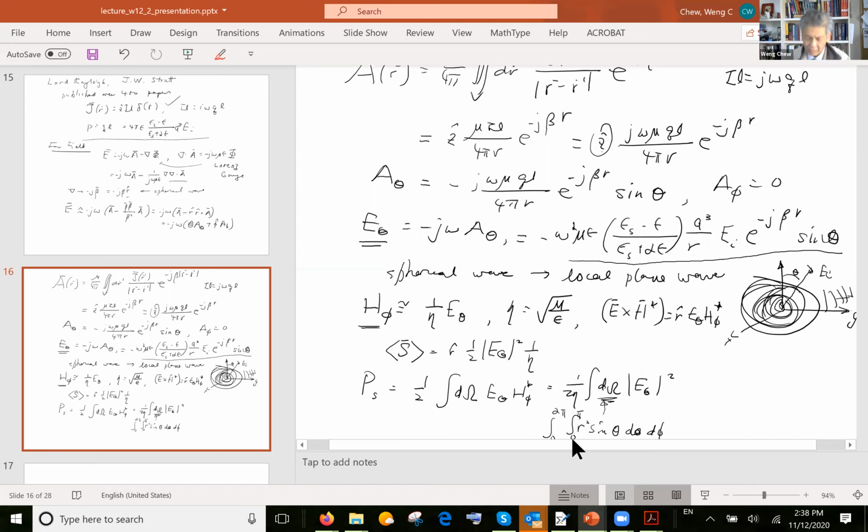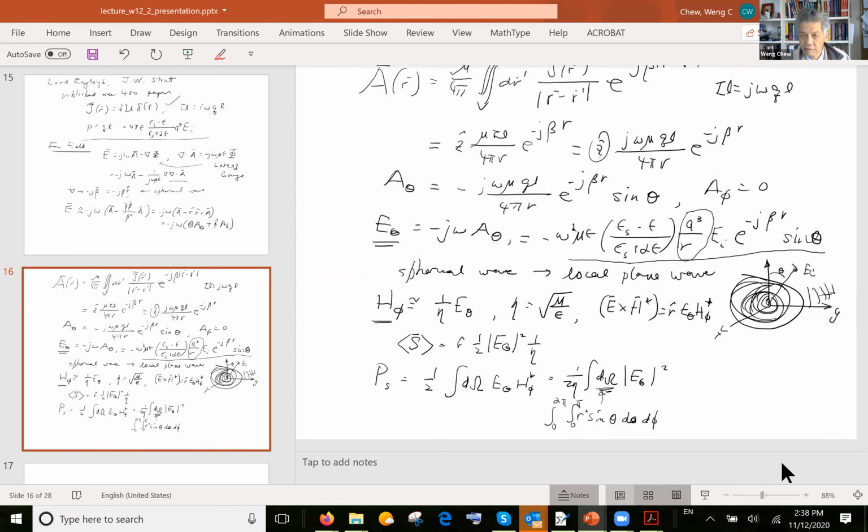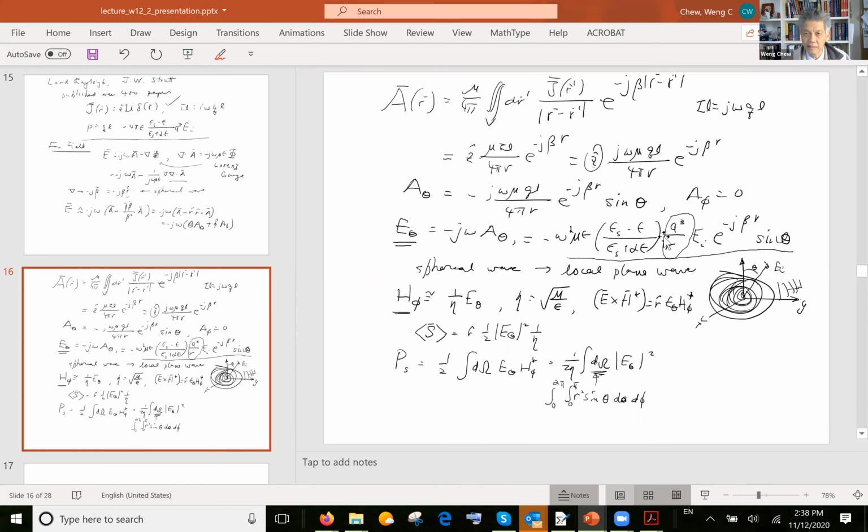Why does E theta have to decay as 1/r? This is a physics question, a sanity check. Does anybody know? Why does E theta have to decay as 1/r? Anybody want to volunteer an answer to this question?